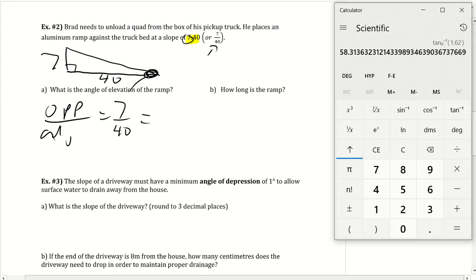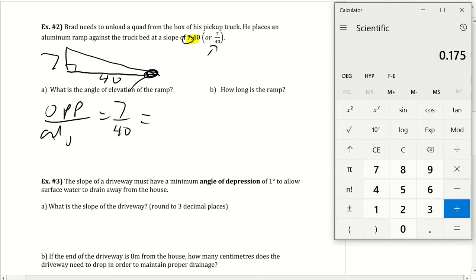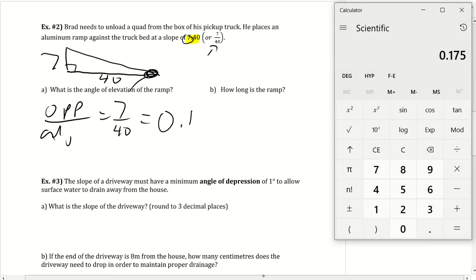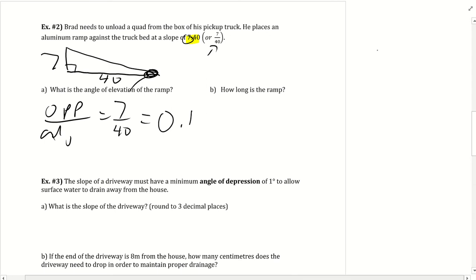And we bring up our calculator, and we will go 7 divided by 40 equals, so this is 0.1, what do we have there? Double check. 0.175. All right, let's minimize that. Now, as the previous question, this gives us the ratio of what this angle is.